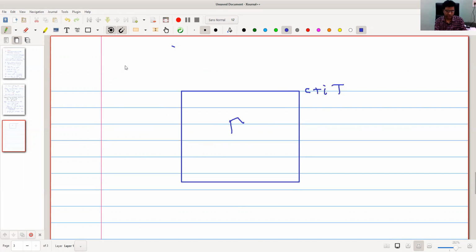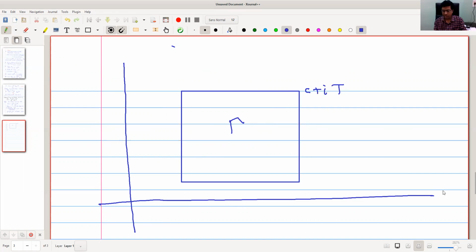We are in the complex plane, so we call the horizontal axis the real axis and the vertical axis the imaginary axis. So this point is C plus iT. This is C minus iT. This point is alpha plus iT, and this corner is alpha minus iT.